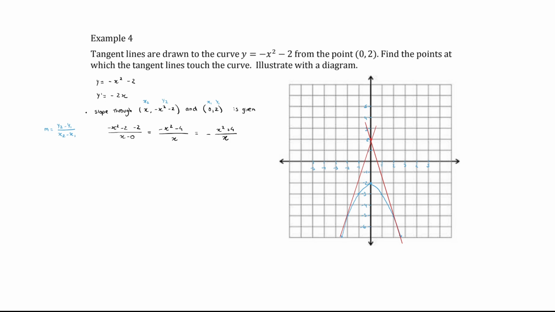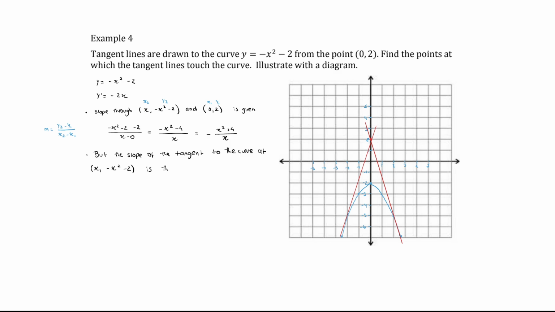So we note that. But the slope of the tangent to the curve at x comma negative x squared minus 2 is the derivative.